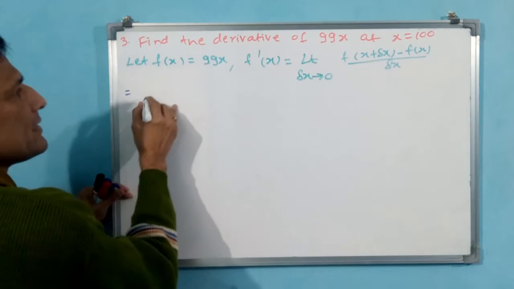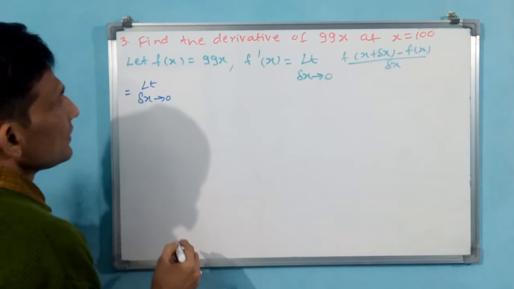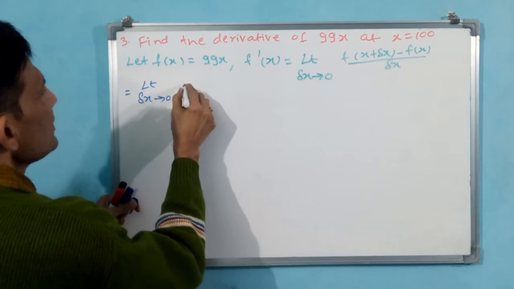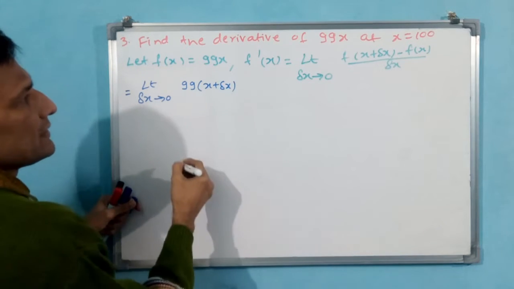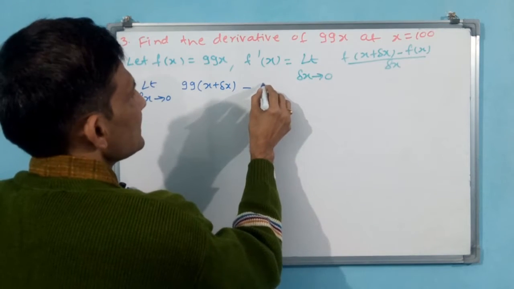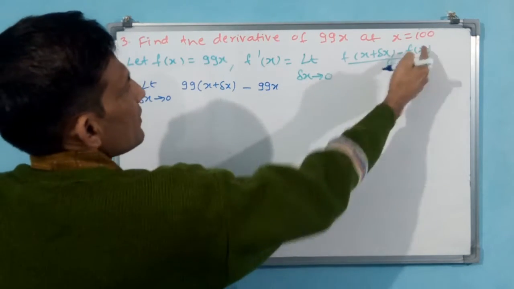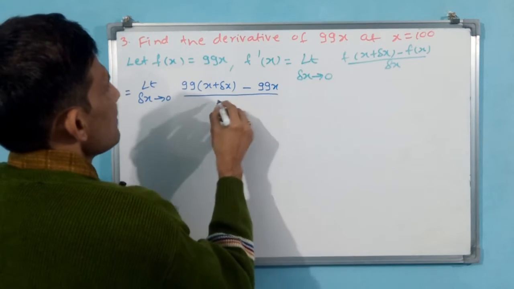That is equal to limit delta x tends to 0. 99x is the function here. You see how I am writing. 99 into x plus delta x, this is f of x plus delta x, minus 99x, f of x, divided by delta x.